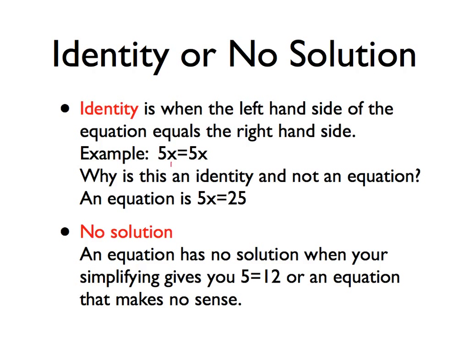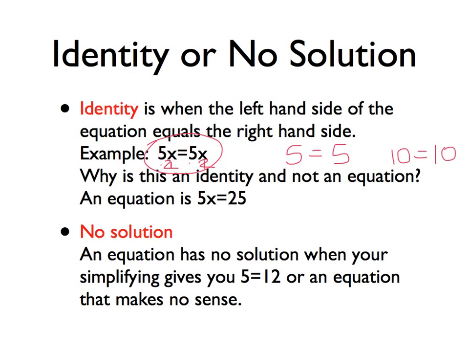If x was 1, this would be 5 equals 5. If x is 2, this would be 10 equals 10. So this is an identity in that it shows that x can be many different numbers. Pause the movie and copy down the definition for identity.